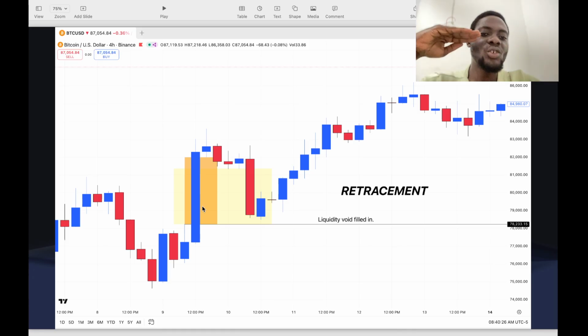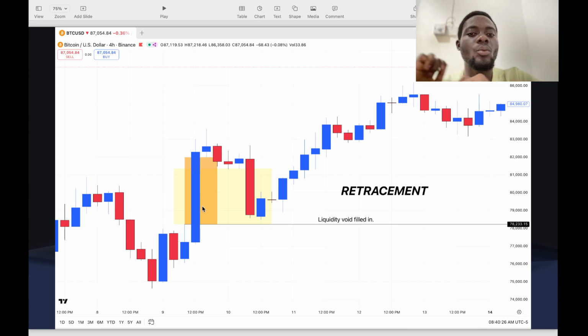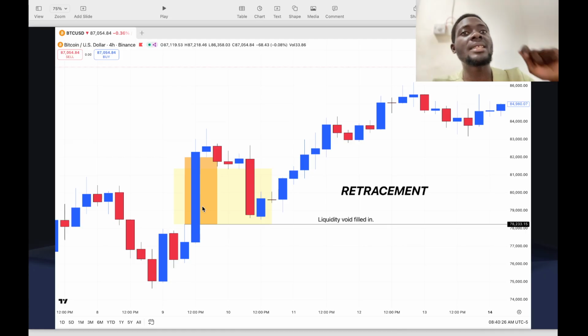You get it? To make sure price is not just moving up, boom, boom, boom. No. Make sure everything is fair. Buyers are participating well. Sellers are also participating well. It's not just buyers taking hold of price up to wherever, whenever.